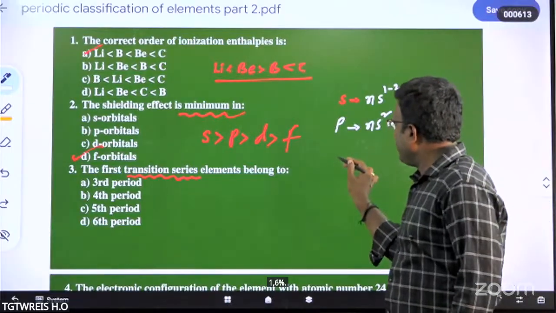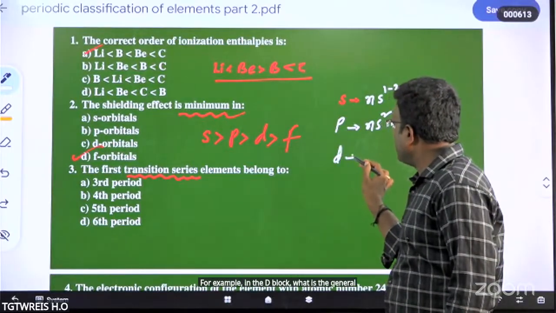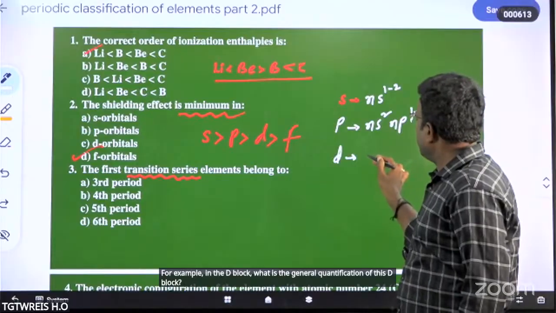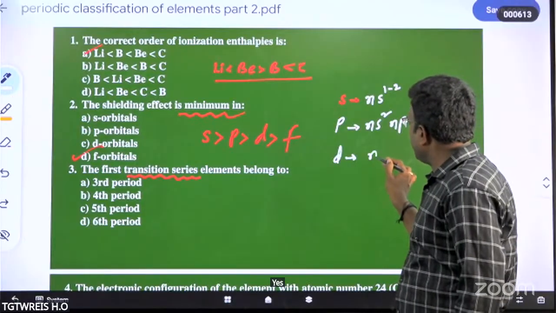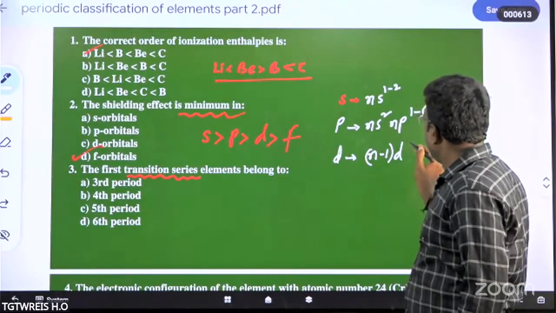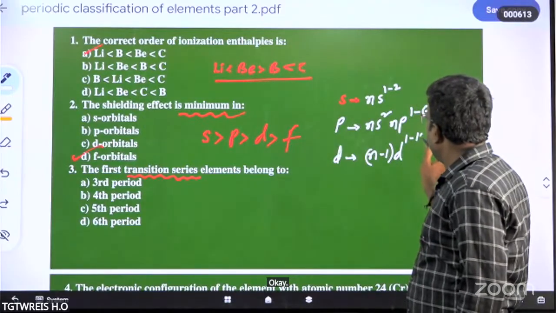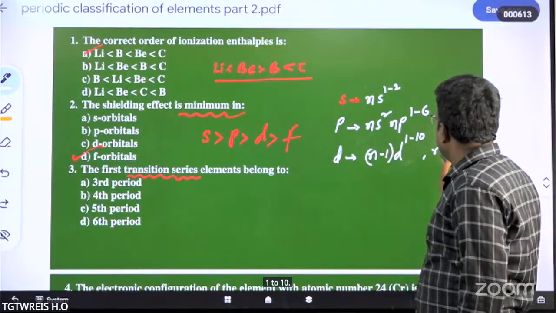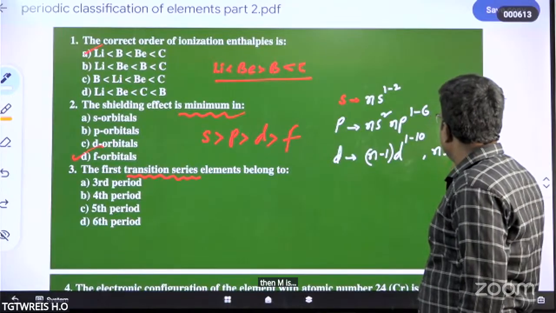For example, in the D block, what is the general configuration? It is (n minus 1) d 1 to 10, then ns 1 to 2.